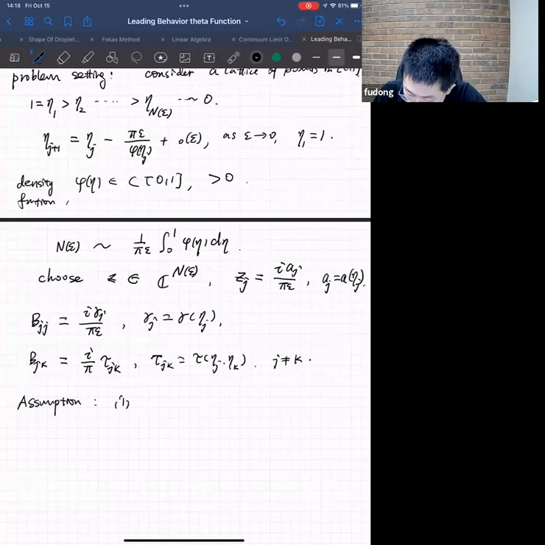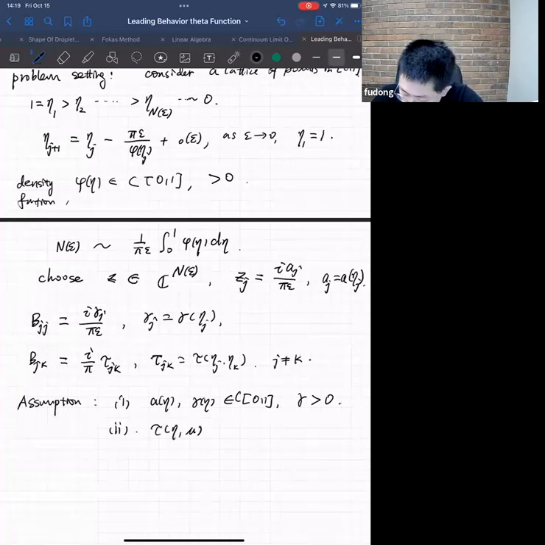That's how we define this, and now the assumptions on those functions. The first one is that A eta and gamma eta are continuous functions on 0, 1, and gamma is strictly positive. Second is about this tau function.